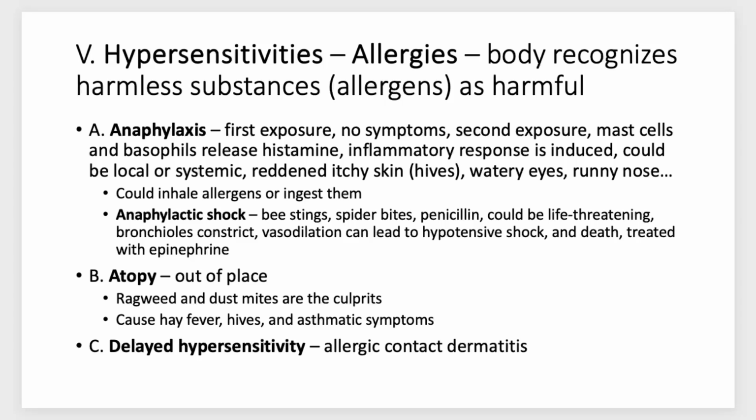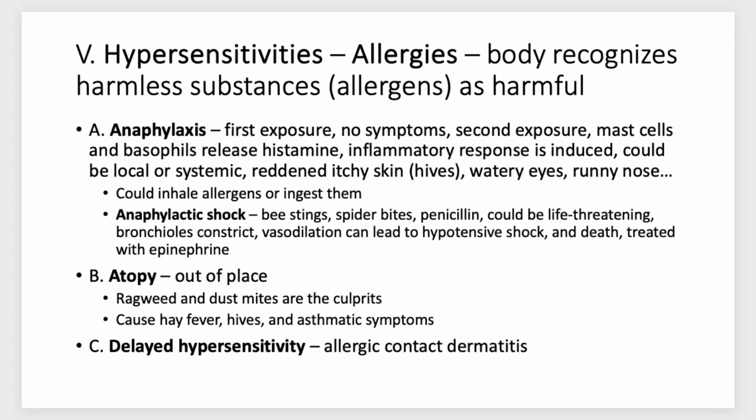So if we say atopy, that means out of place. What that means is a genetic predisposition to developing an allergic reaction, which is going to cause you to overproduce immunoglobulins, or the antibodies, in response to things that are normally harmless, like certain foods. But our body, when we have atopy, we have this heightened risk for certain diseases.